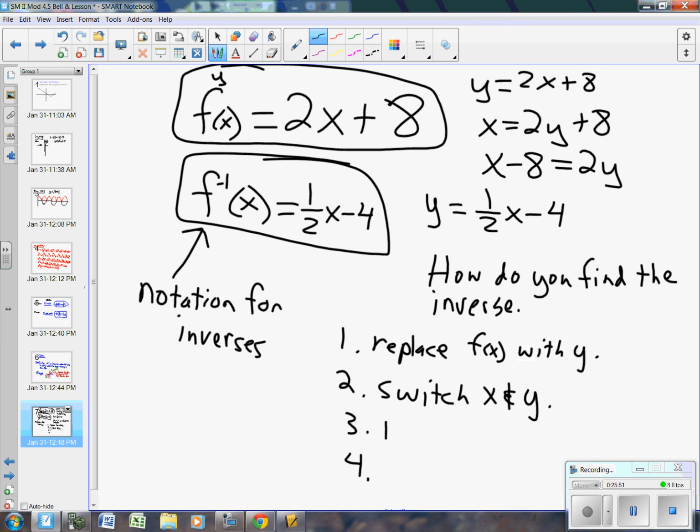Isolate y, or solve for y, however you want to say it. Good. What's the last step? Use inverse notation, right? Technically, after you switch x and y and you isolate the y, you have the inverse, but we put it in inverse notation. Okay? So 4 things. That's pretty simple, isn't it? Do you think you can do that? All you have to do is switch x and y.